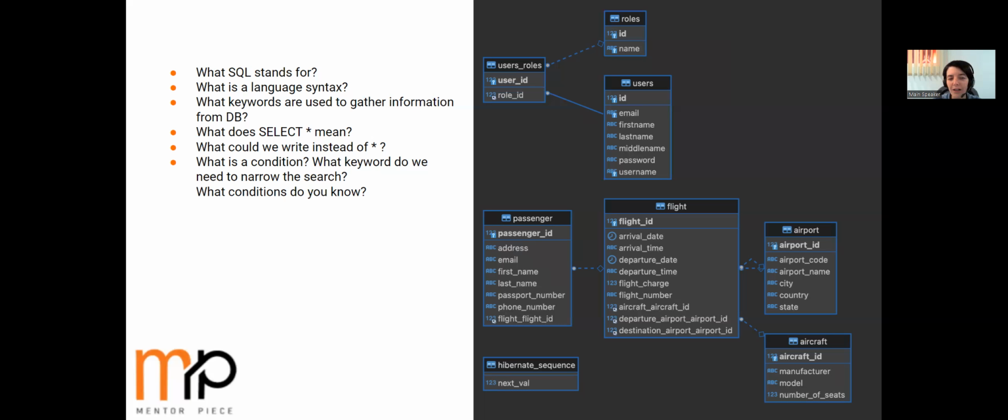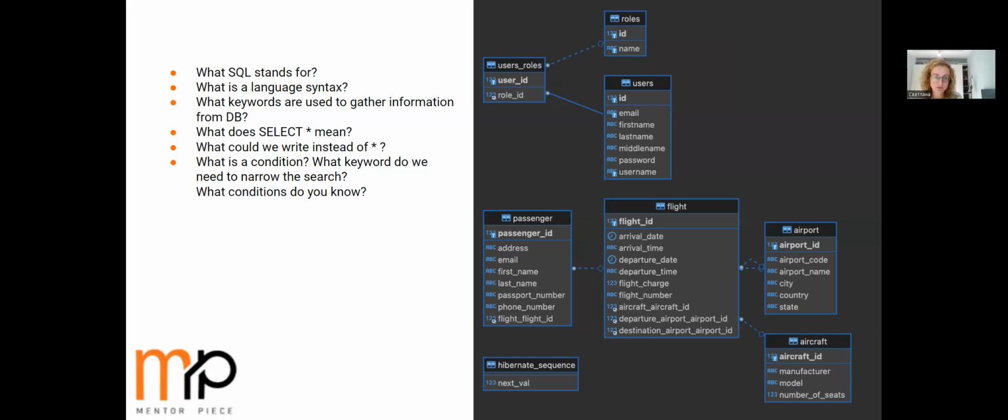Okay, and if we don't need to see all the fields, what should we write instead of that asterisk? Column names. Column names, yes, Alena, right. Okay, and the last question, what is a condition? And what keywords do we need?